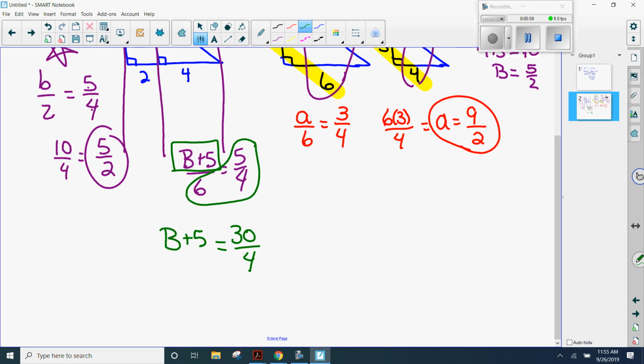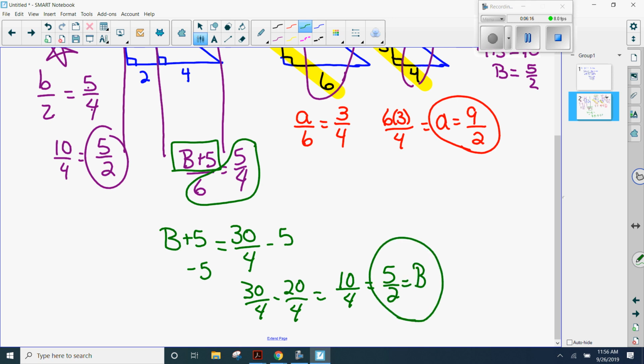It's B plus 5. So as a final step, you just subtract 5 from both sides. So you have 30 fourths minus 20 fourths, which is the same thing as 10 fourths, which reduces down to 5 halves. That's a correct method, Wilson. That's just a third way you could solve the problem. Good job.